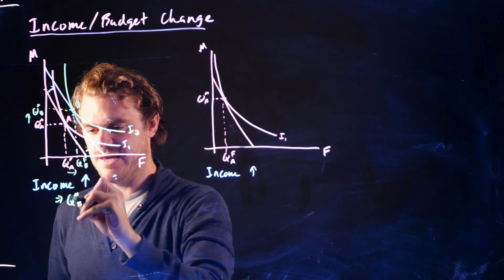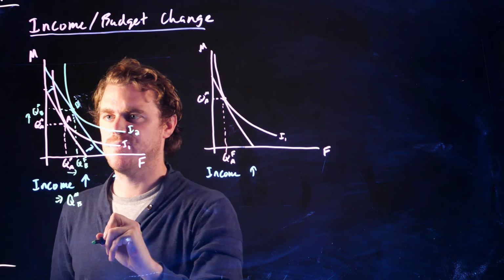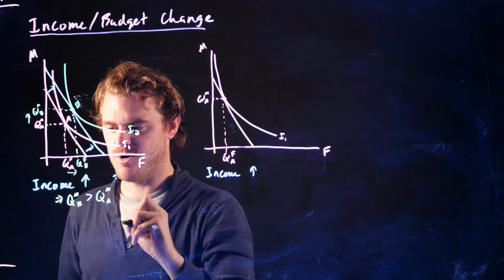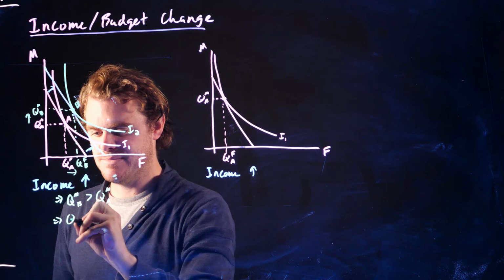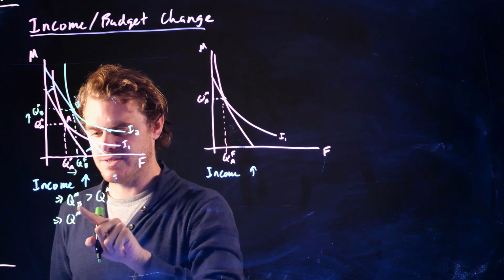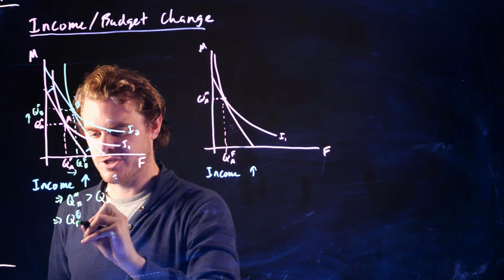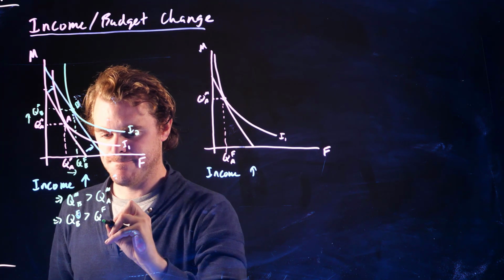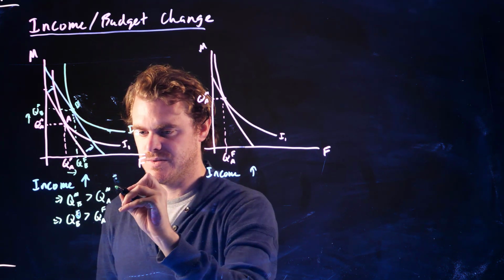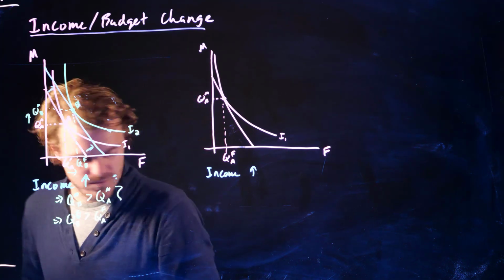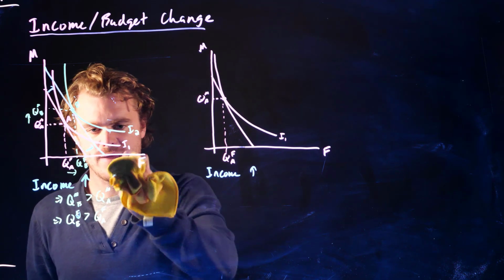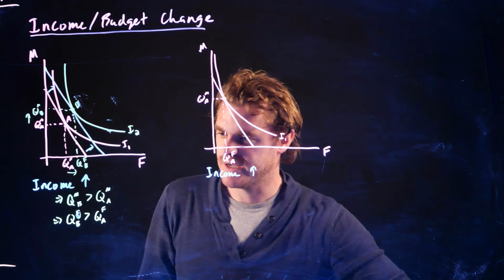So QMB, the quantity of mangoes that we optimally purchased, was greater than QMA, so we purchased more mangoes. At the same time, our income goes up, and we purchased more fish as well. Let's think about what that means for the type of good we're looking at.